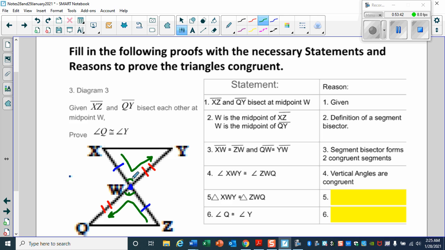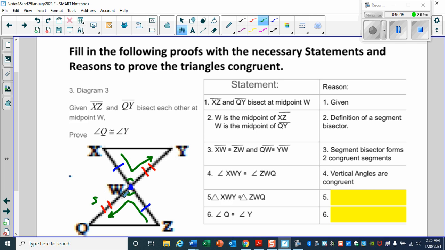So again, that's because vertical angles are congruent. They're vertical angles because they were formed at an intersection. Vertical angles across from each other, congruent. So given that's the case, you can say XWY, that triangle, is congruent to ZWQ because we have a side, angle, side.